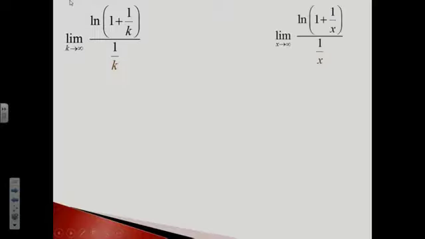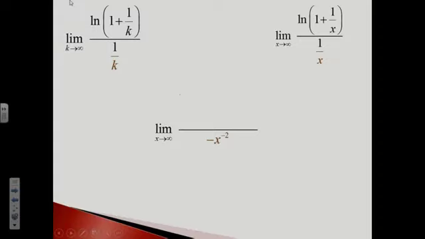Now the limit of this quotient has the indeterminate form 0 over 0. This limit is calculated similarly to the continuous case. Replace k by s, where s is a real number. The limit is calculated by L'Hopital's rule. The derivative of the denominator is minus s to the power of minus 2.